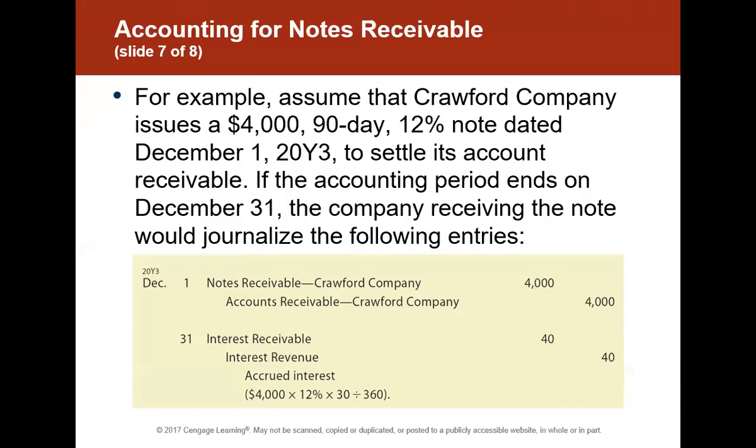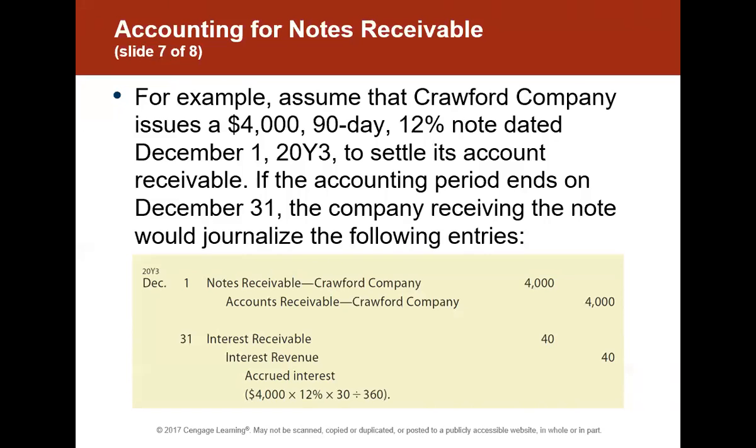This is a 90-day note, so it got issued to us on December 1st. It's not going to be due till February-ish. But we still need to recognize any interest that has accrued in the current fiscal year. The note was issued in 2013, and we have interest from December 1st through December 31st, the last day of our fiscal year.